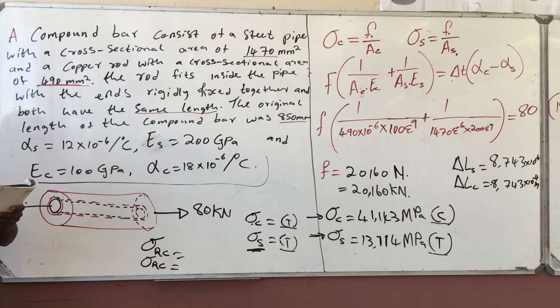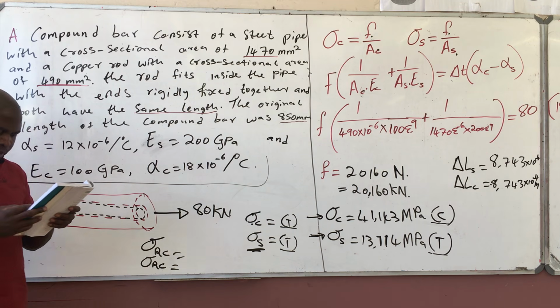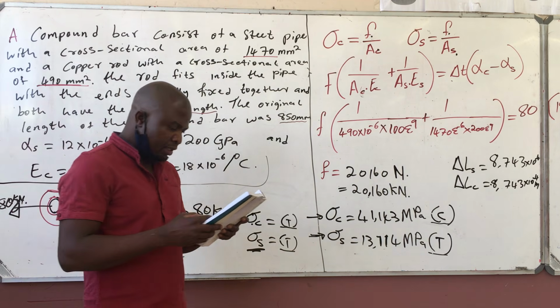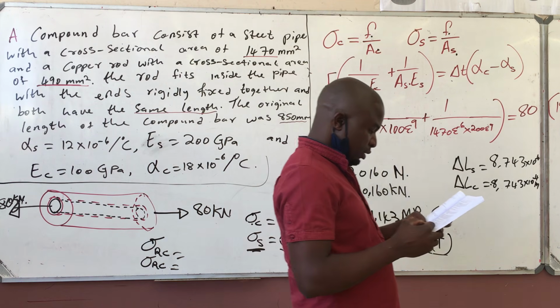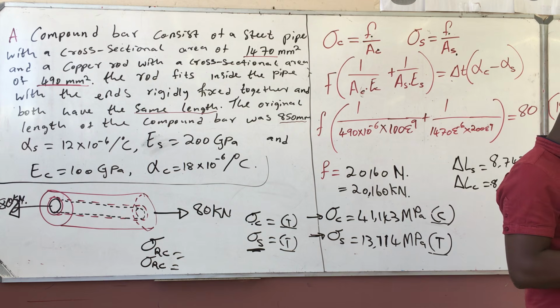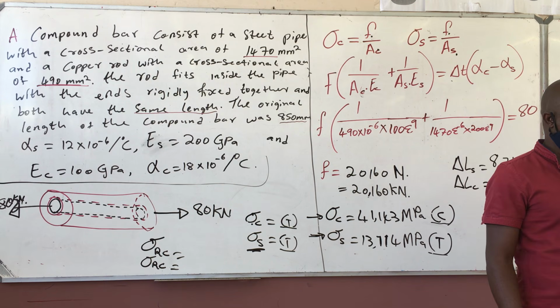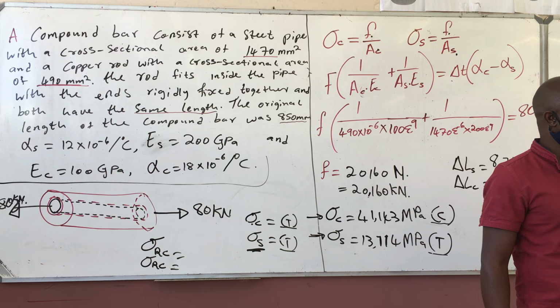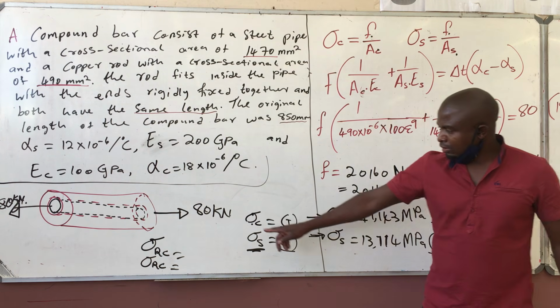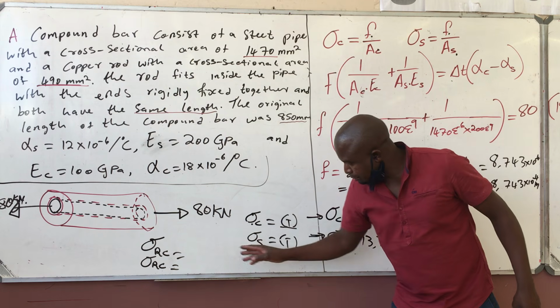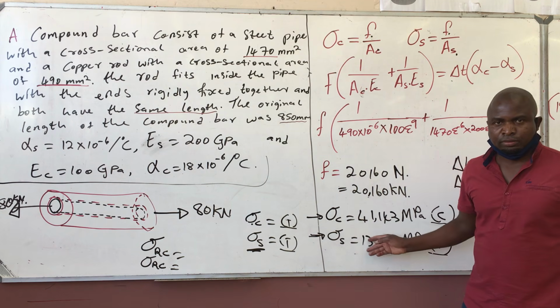What kind of the load is that one? They did not indicate there if it is tensile or not. So okay, from there they say calculate the resultant stress in the copper and in the steel. So knowing the nature there, you'll be able to add the two.